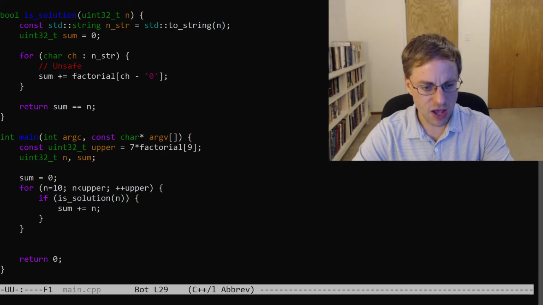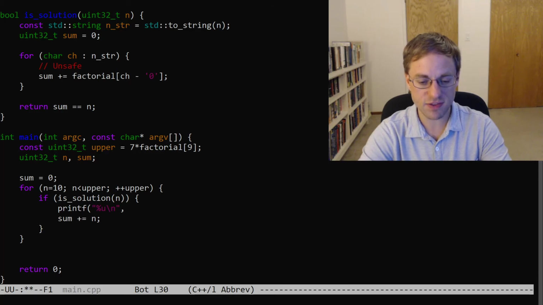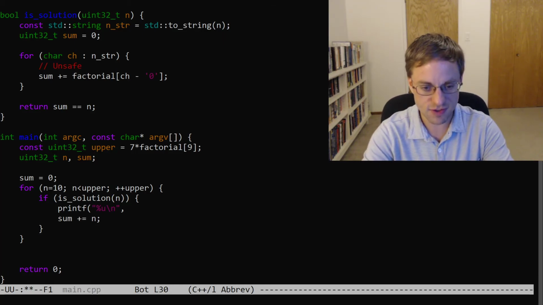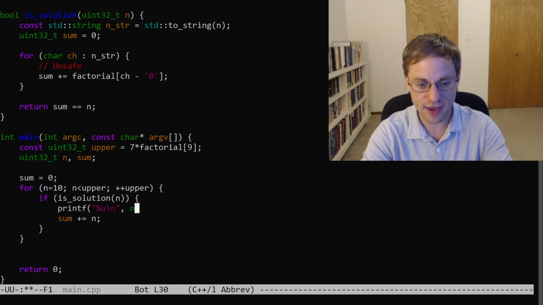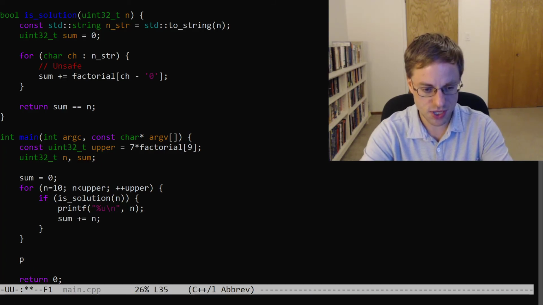And it's probably useful actually for us just to print out the solutions that we find so that we can do a sanity check. Obviously, we expect to find 145 among the solutions, and so we want to be sure that that is in fact the case. And then down here, we'll just say sum is equal to sum.